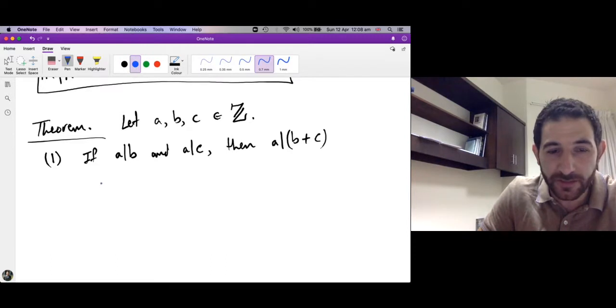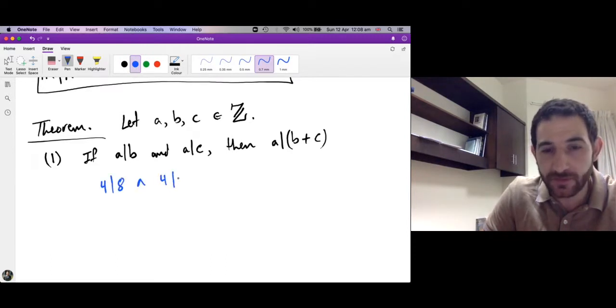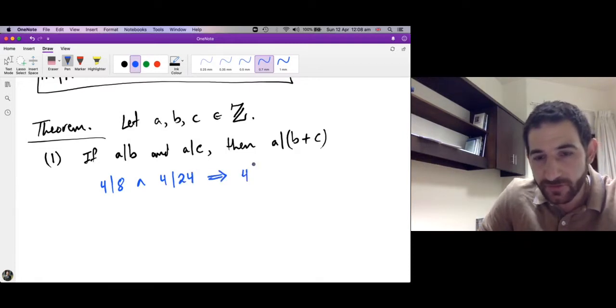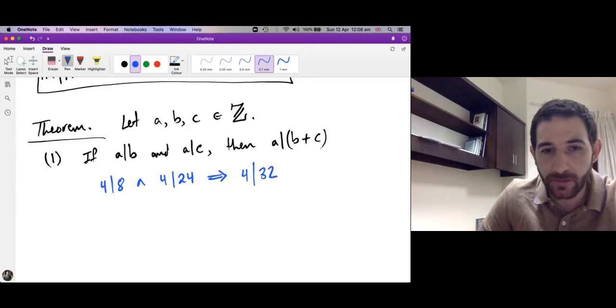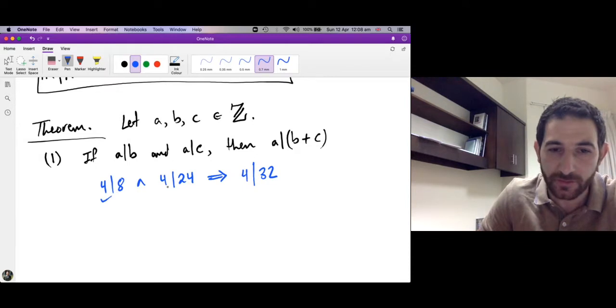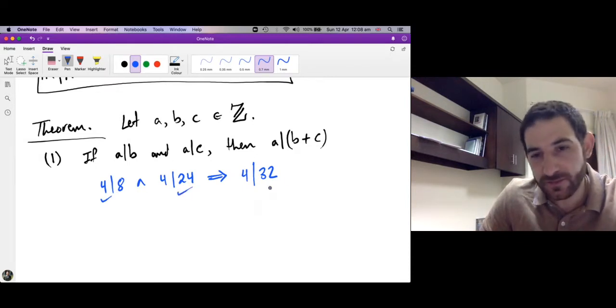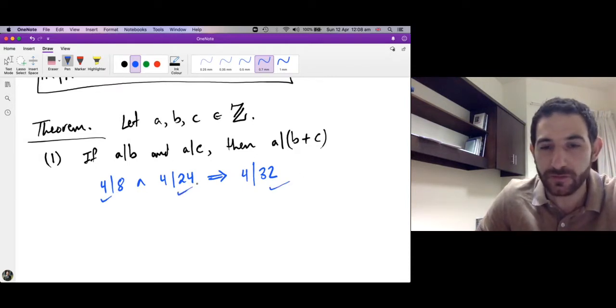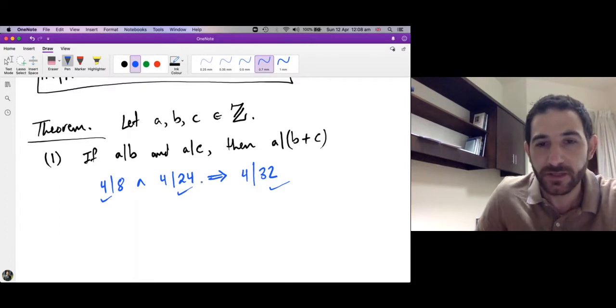Suppose, for example, 4 divides 8 and 4 divides 24. Then 4 should divide the sum 8 plus 24, which is 32. And this is true, right? Because 32 is equal to 4 times 8. This is true, and this is true, so the conclusion must hold, by modus ponens.